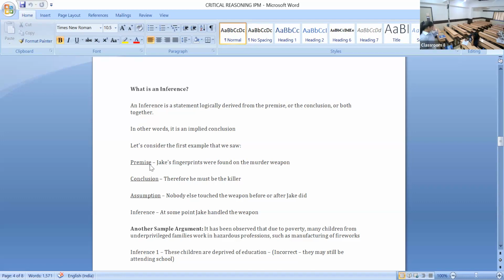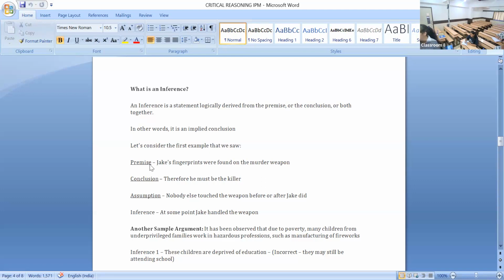So you can just write it in your notebook. Write inference on the top, and under that write: derived from the premise or conclusion or both.